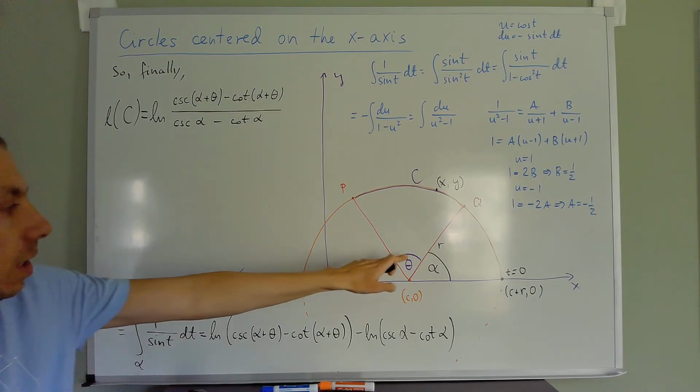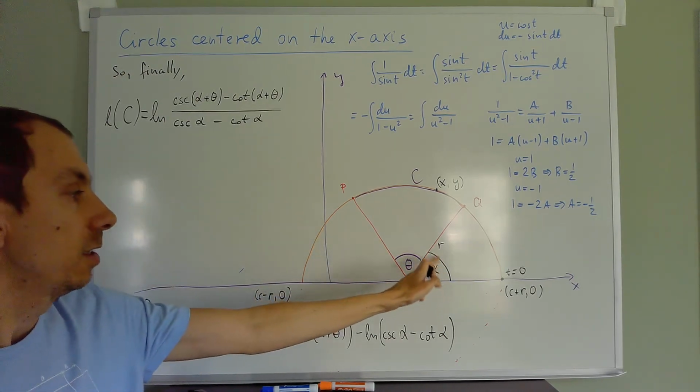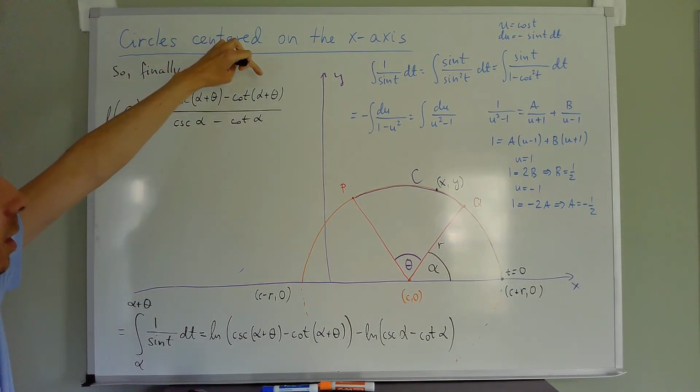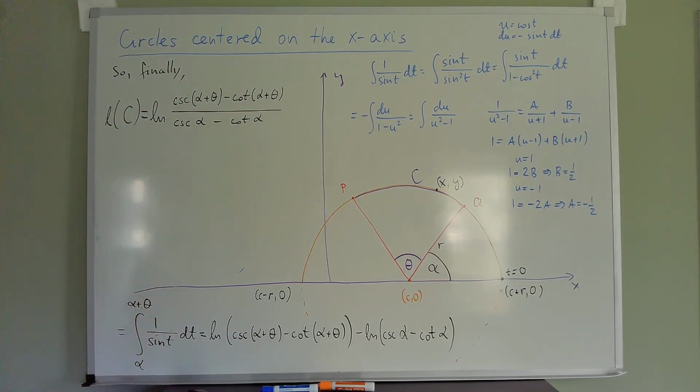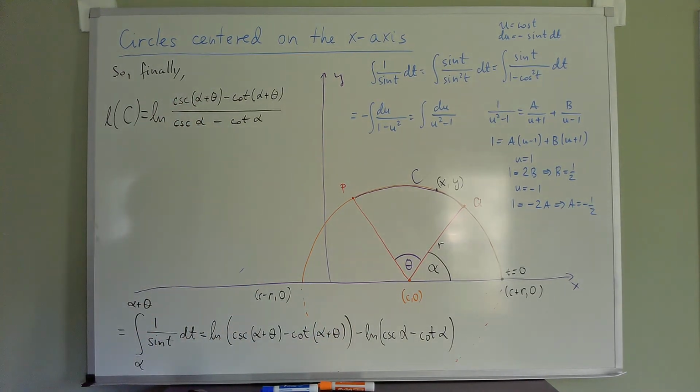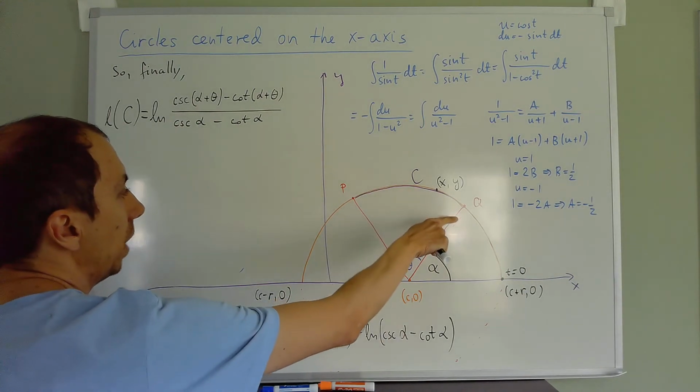All right, if you use beta instead of alpha plus theta, then this is just natural log of cosecant beta minus cotangent beta over cosecant alpha minus cotangent alpha. So that's the length of that curve.